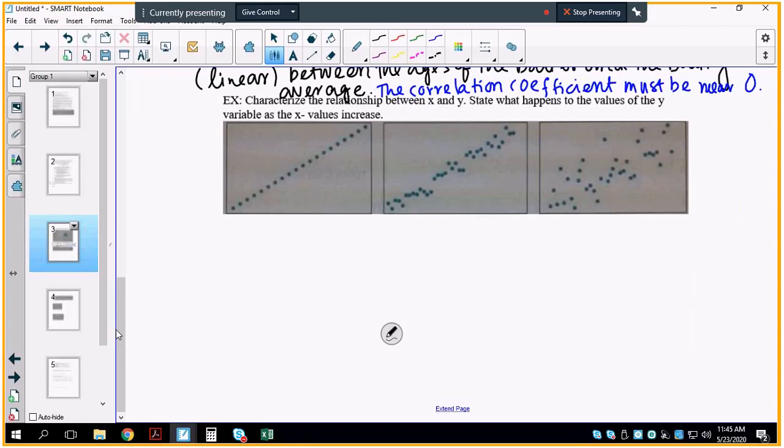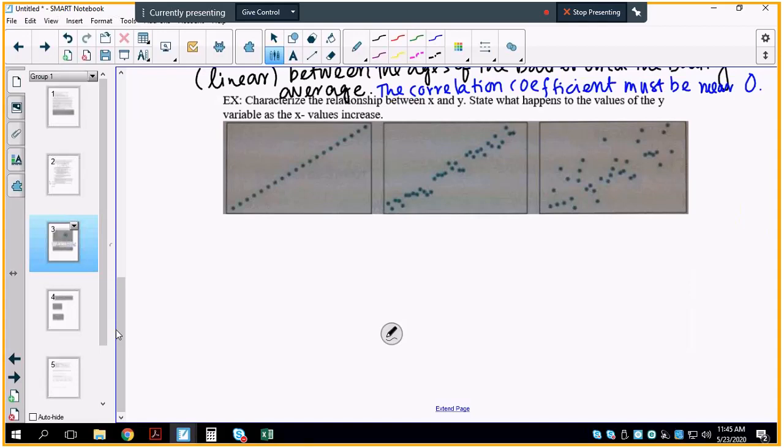So if you look at the leftmost graph, you see a perfect straight line. What does that remind you? So there must be a perfect positive relationship between the x values and y values. How do I know it's a positive relationship? See, as I approach from left to right on the x-axis, the graph is going up. So it's a positive relationship.